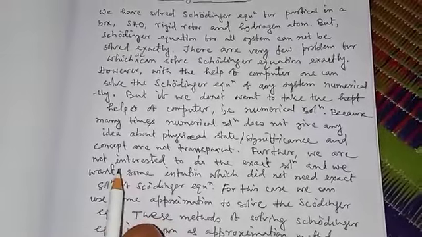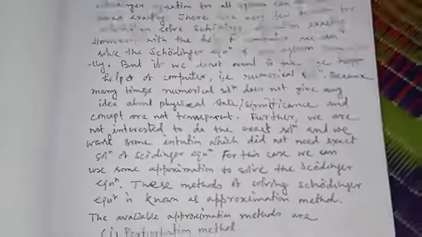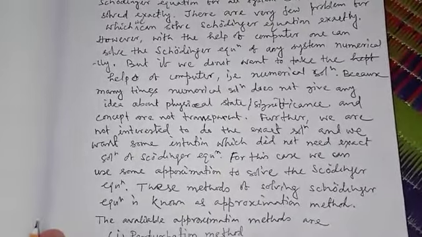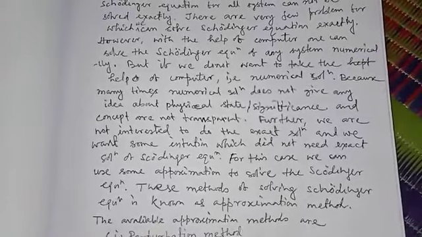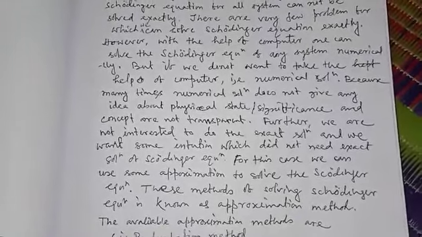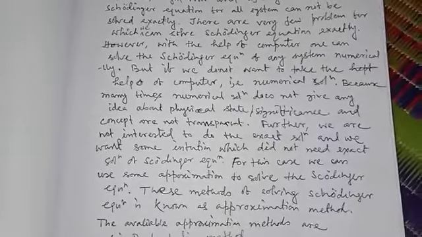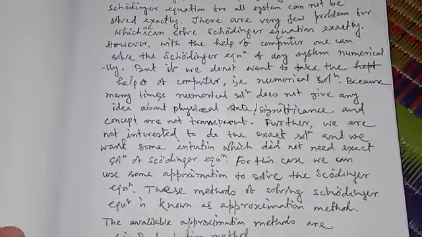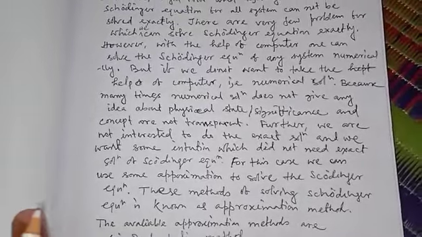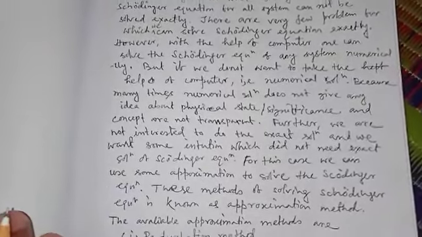What we need is some solution of the Schrodinger equation which can give us some physical intuition. That means the solution we obtain can give us some information which is useful for the chemist. It is not like a number or an equation which has no significance in chemistry.